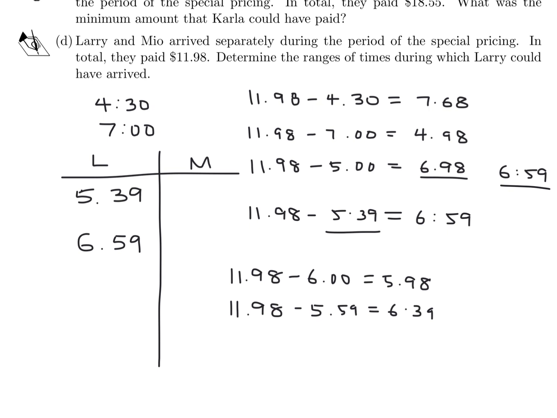And for Mio, it looks like we had 5:59, and then it went up to 6:39. Sorry, 5:59 and 6:39. So there you go. You just have to experiment a little bit and come up with these values.